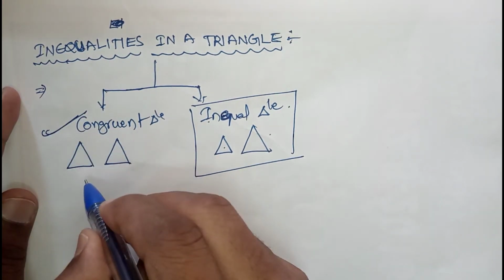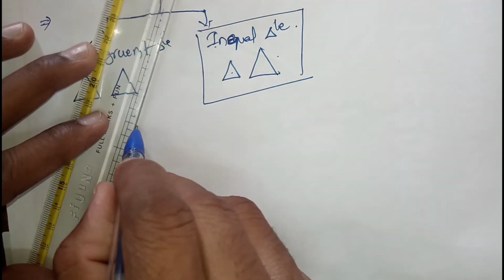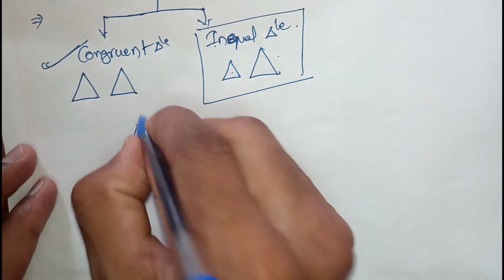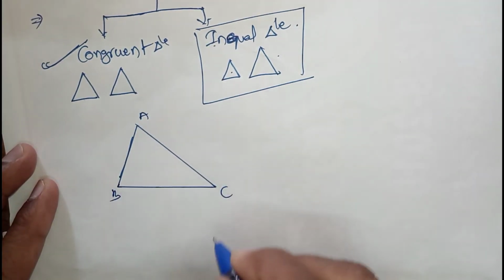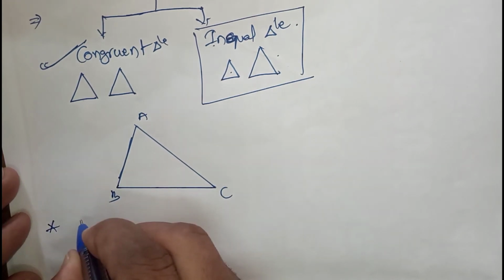For inequalities in a triangle we will see some properties. ABC is a triangle. For this triangle, what property can we write?